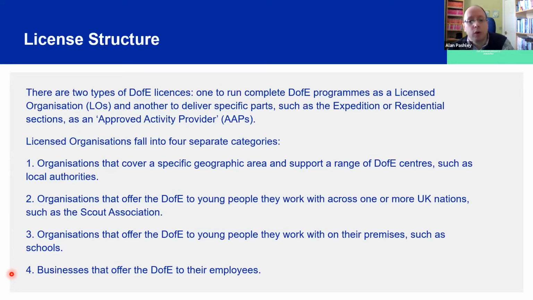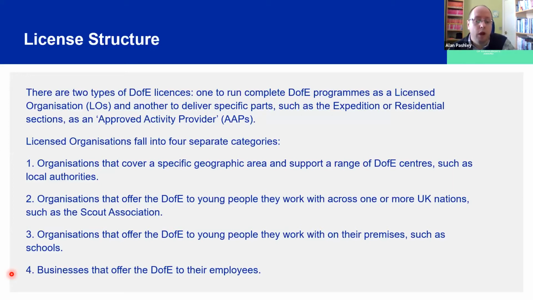And licensed organisations might have responsibility for a geographical area. They might be involved in working as part of a national organisation or association and supporting people through the programme that way. They might be delivering things in a very local way on a particular venue or premise, or actually businesses as well.